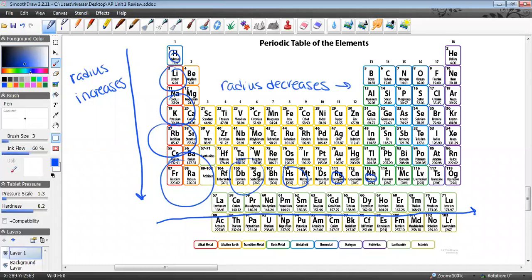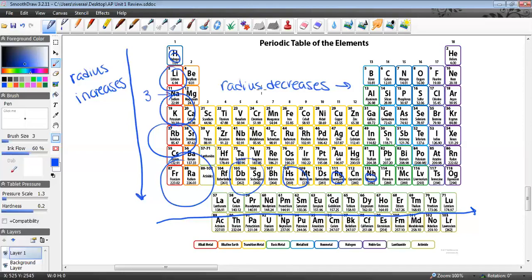In other words, when I go from sodium to magnesium to aluminum, I'm going from 11 protons to 12 protons to 13 protons. But I'm still in the third energy level. Like when I go across here, it's the 3s and the 3p. I'm not increasing energy levels. And so when you increase the number of protons, but you don't have an increase in energy levels or layering of orbitals, that increase in the number of protons pulls those electrons in tighter.